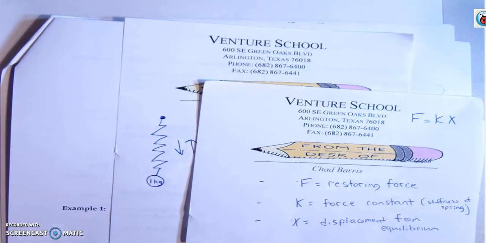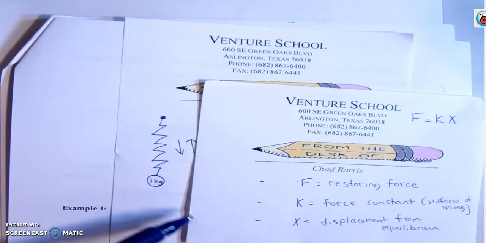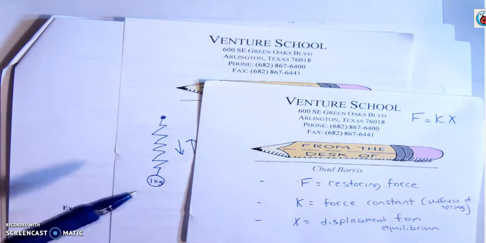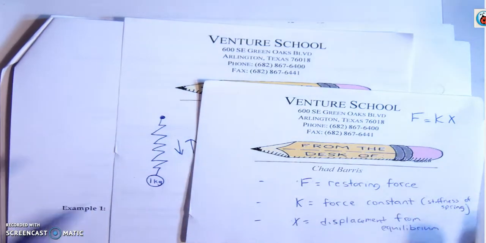And their weight or their mass is going to affect the period. So as we said before, if you increase the mass, you're going to increase the period, the length of time it takes for the vibrating object to repeat its motion, or go up and down. And if you increase the stiffness, you will decrease the period. So if it's stiffer, it's going to go back up and down very quickly, right?